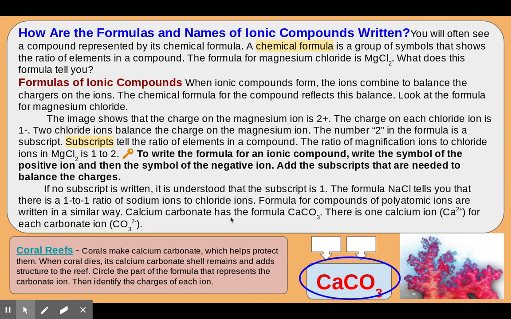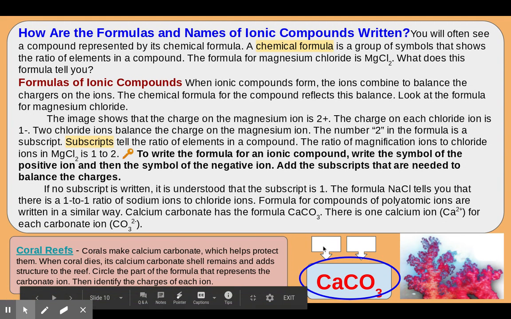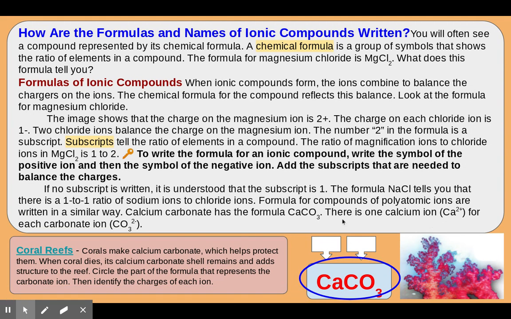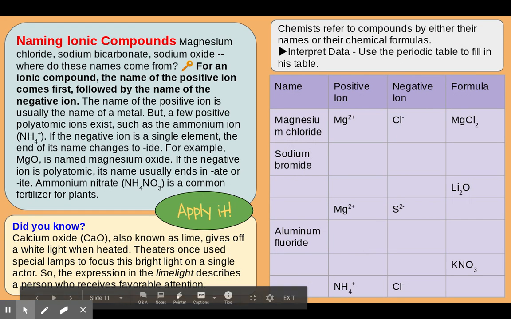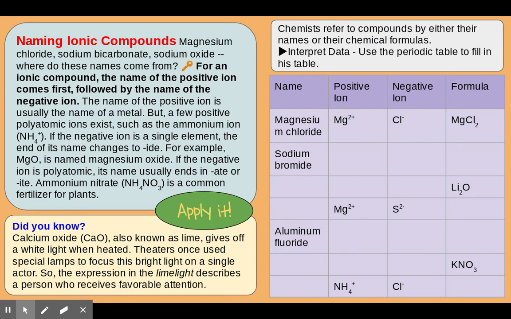Calcium carbonate has a formula of CaCO3. There is one calcium, and it's got a +2 charge, so a +2 would go here, and then the -2. So it's a 1-to-1 ratio, so we just have one of each. We don't write it when the twos cancel out, when they're the same.